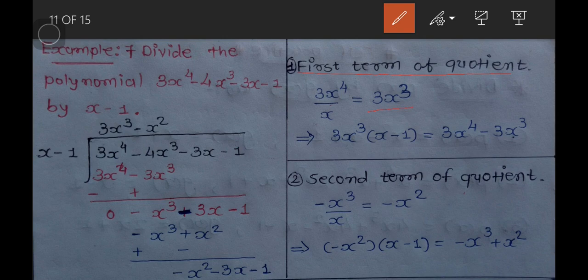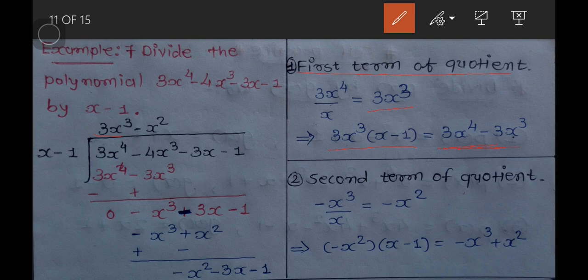We multiply it with our divisor x minus 1, and we get 3x raised to 4 minus 3x cube. First we put the first quotient term here, then we subtract the product from the dividend. So 3x raised to 4 minus 3x cube.